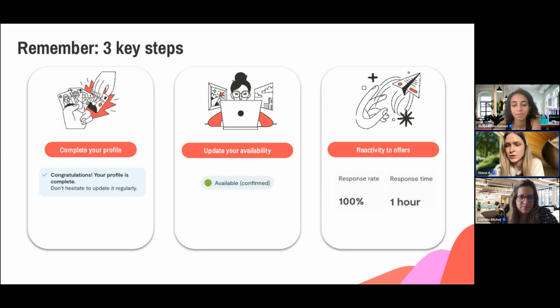But just to summarize everything, first of all, I want to mention that something people often notice is that there might not be a lot of projects that come their way if they sign up. It could be due to their profile not being optimized, but most of the time it's due to the market supply and demand gap.